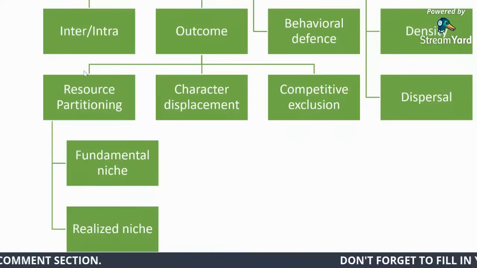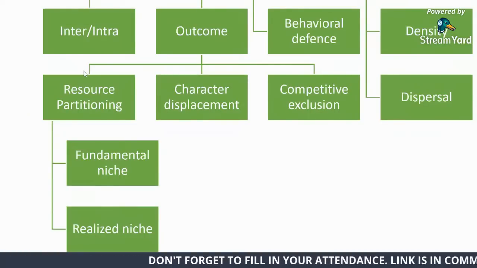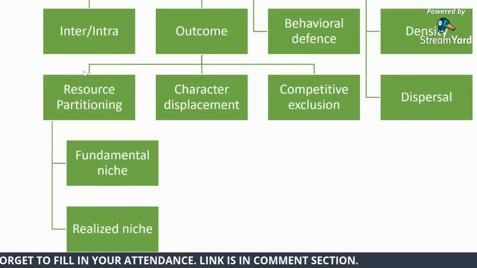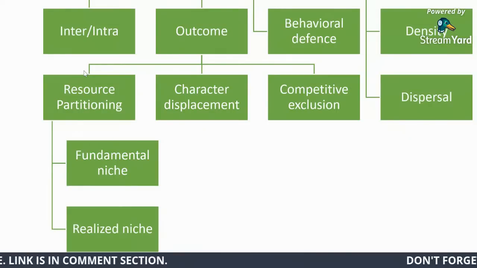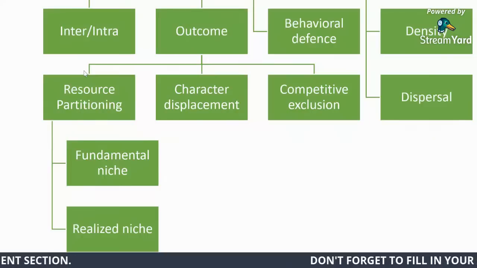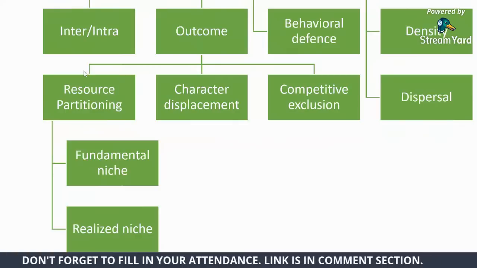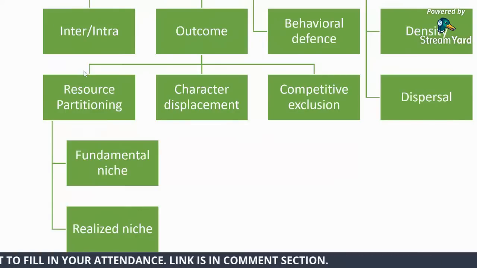So eventually due to evolution, after a very long time, you akan dapati ada perbezaan ciri antara spesies tersebut apabila berlaku competition. Okay, so usually character displacement kita kata is the results of resource partitioning due to evolution, after a very long time, right?